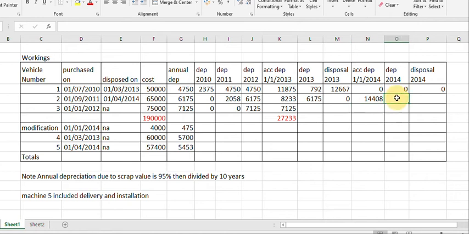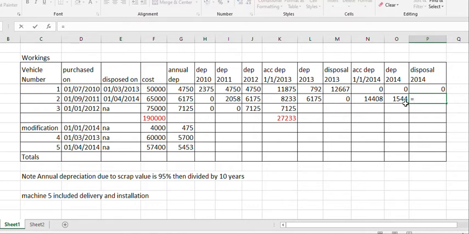So in 2014 we're going to have 3 months depreciation, so it's 6175 divided by 12 multiplied by 3, 1544. So this machine was disposed of on the 1st of the 4th. As I said a minute ago, you must dispose of all depreciation up to that point.